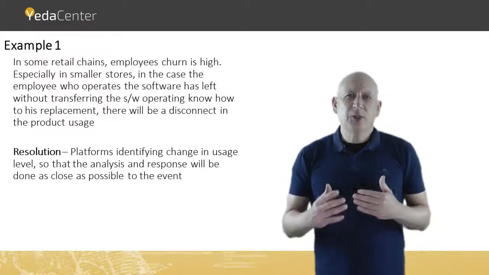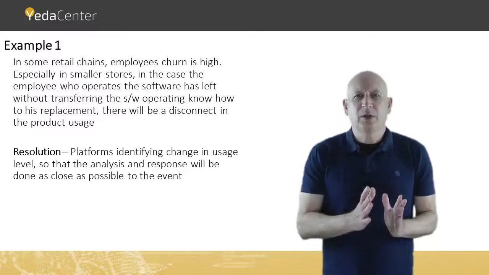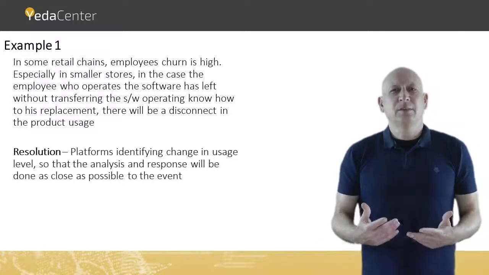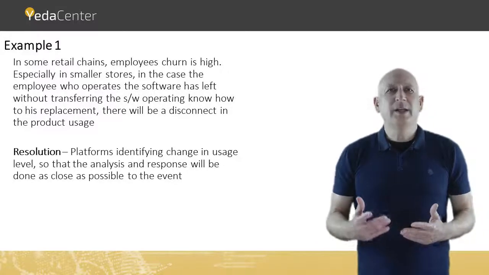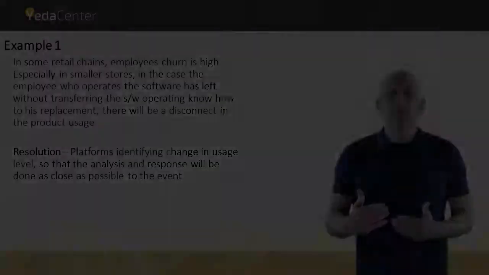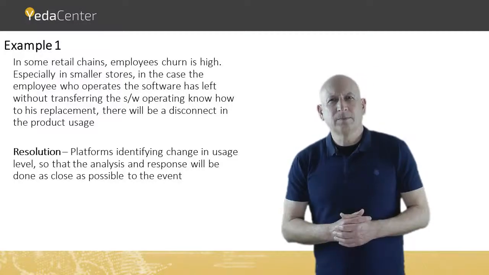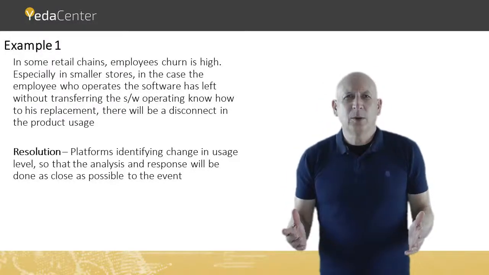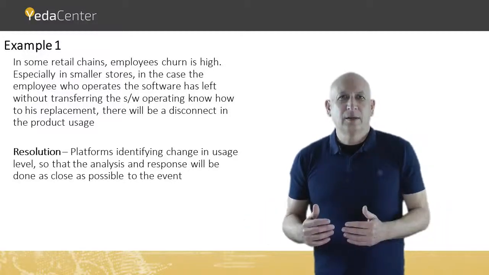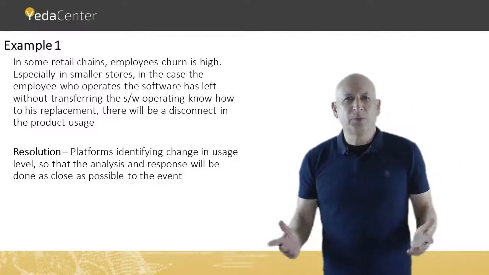So especially in small stores, if there is one specific employee that used to operate our software, and he left without performing a decent handover to his replacement, then suddenly we can see a stop. And with time, that can basically result in dropping the product.